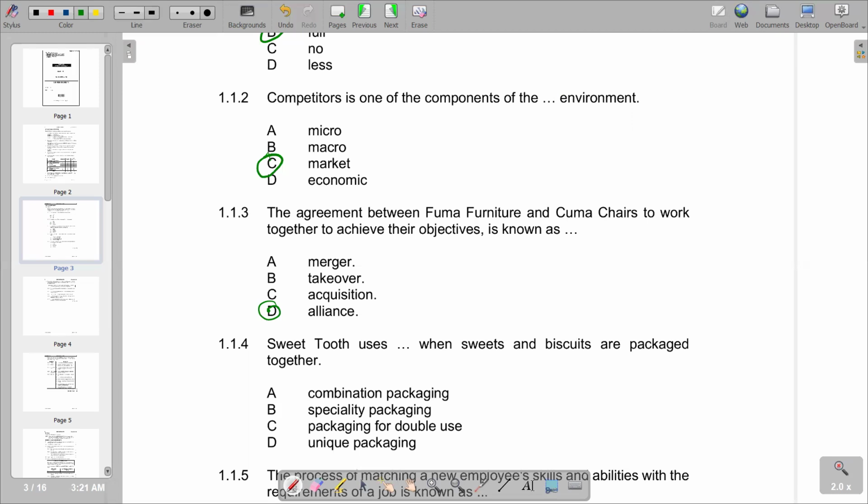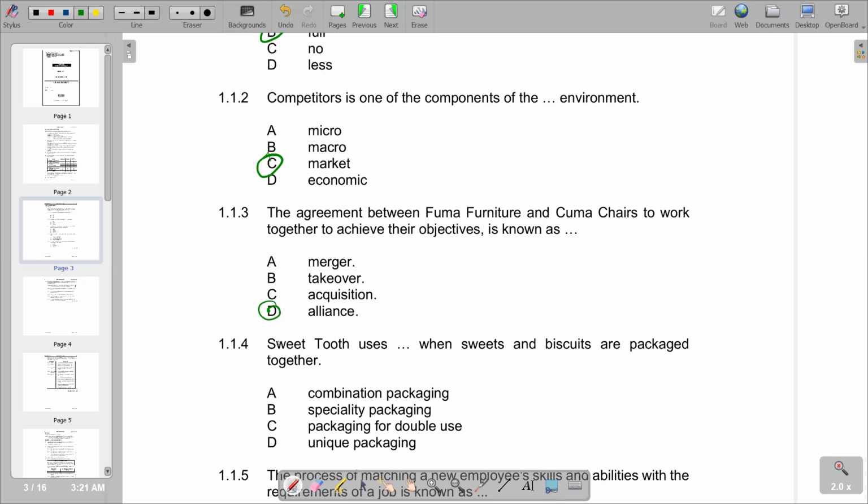In fact, a business alliance is an agreement between businesses, usually motivated by cost reduction, and it can also be motivated by improved service for the customers, to work together. So when we have an agreement between two businesses to work together, we call it an alliance. So we have D.